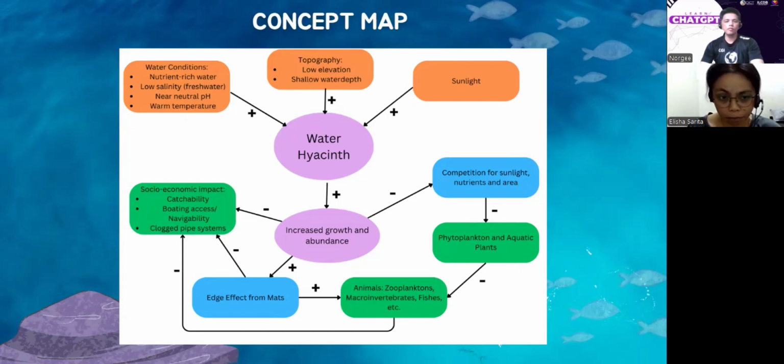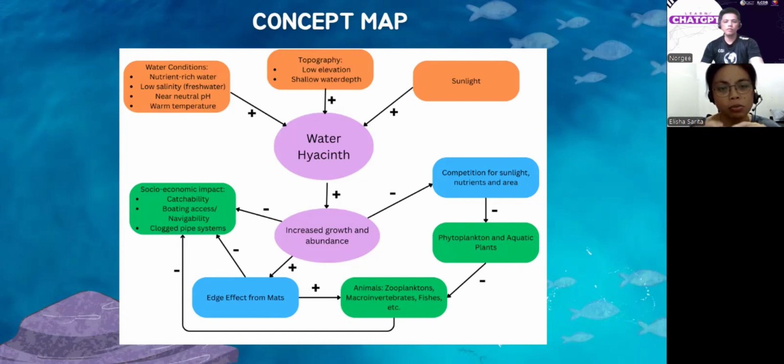With the proliferation of water hyacinth, it also has the physical characteristic of matting, or an edge effect from its mats. Aside from its negative impact on vegetation, it also has a somewhat positive impact on animals.